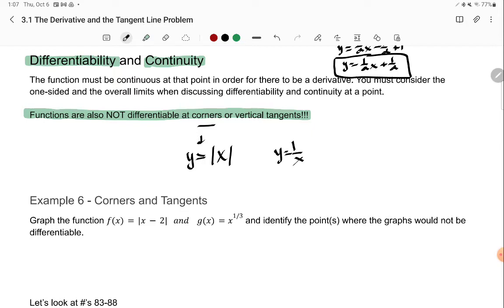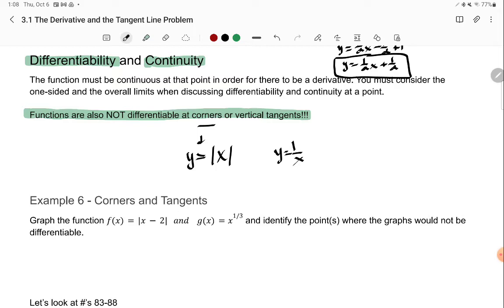Also, with piecewise functions, you need to make sure that your one-sided limits are equal to the value at that point, that those three things are equal, and then also make sure that it's not a corner. So we have to look at one other thing: are the slopes the same coming together at that point? Not only are the y values the same, but are the slopes the same?